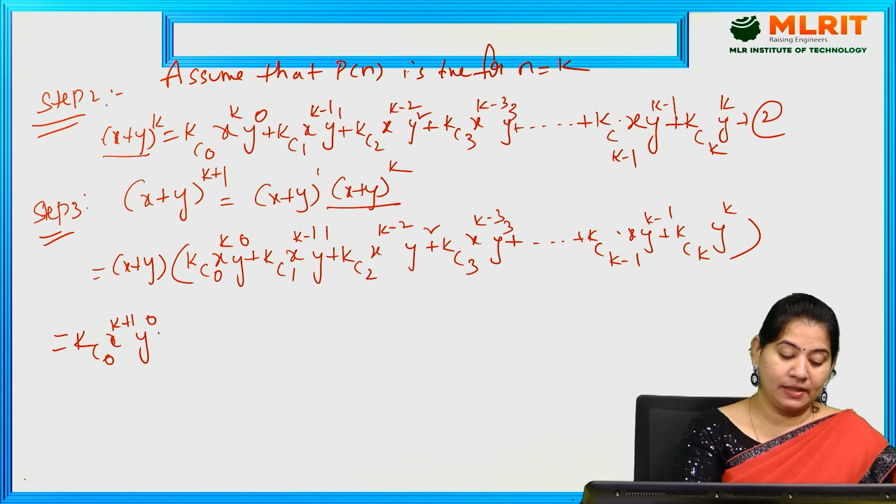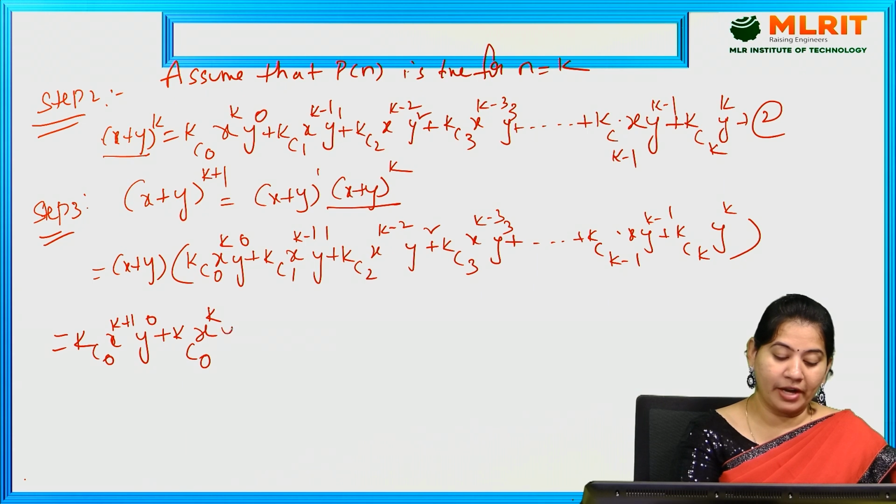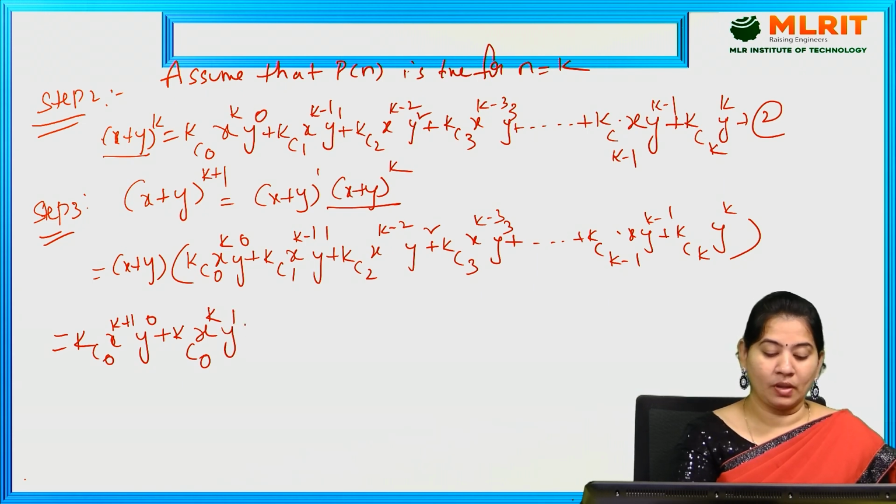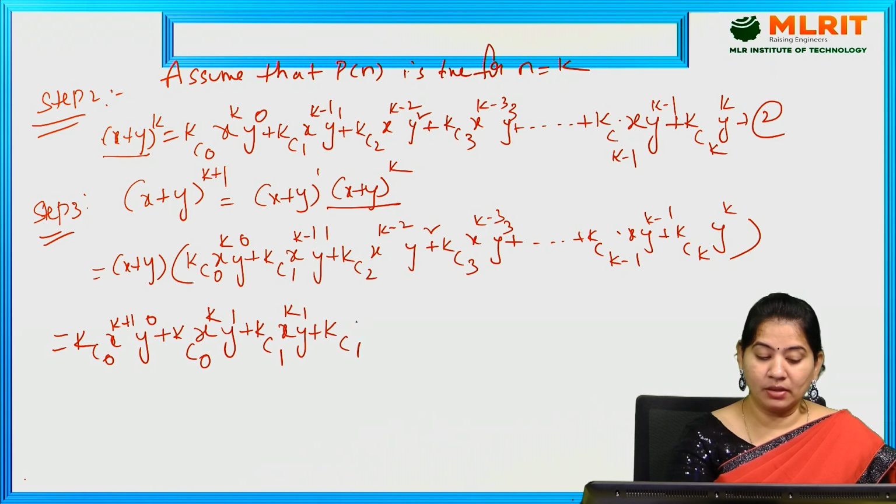Next, plus kC0 x power k into y power 1. Next kC1 x power k minus 1 plus 1 is k, y power 1, plus kC1 x power k minus 1 as it is, y power 1 into 1, which is y power 2.